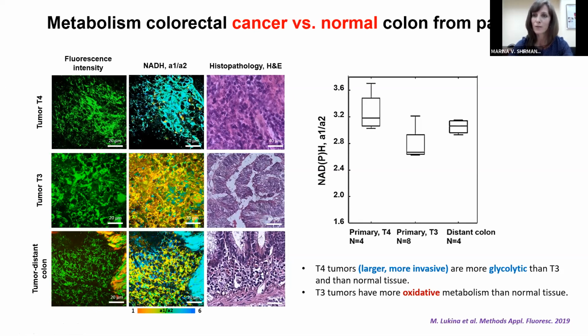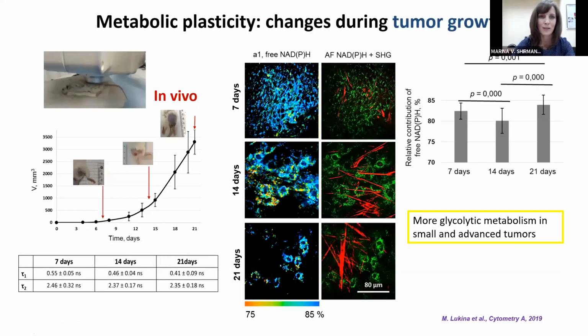This was surprising for us to see, but it turns out that the most aggressive T4 tumors had more glycolytic metabolism because they showed a greater contribution from free NADH, while the T3 stage tumor had more oxidative metabolism. So you see that the situation with the metabolism of the tumor can be slightly more complex than was initially suggested.